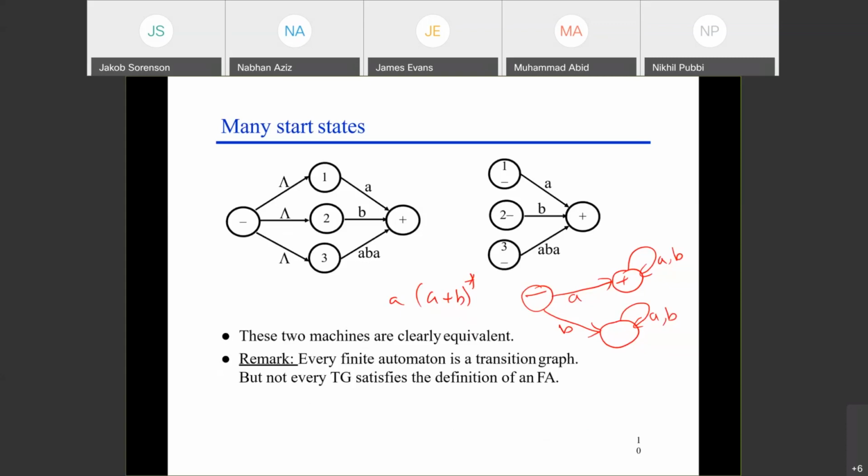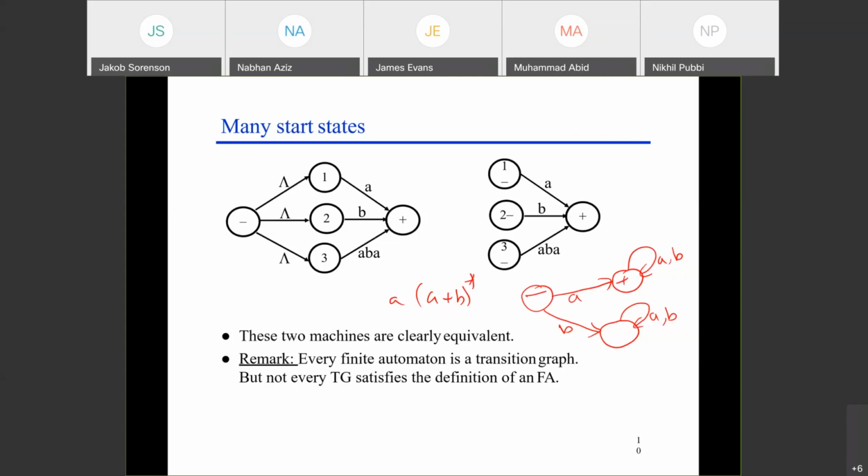Garbage collection: TG says, I don't care if you do the garbage collection, but if you are doing it, I have no problem with that. FA says, no, we want to do that. So okay, you can do that. TG is quite relaxed. So every FA is a TG.